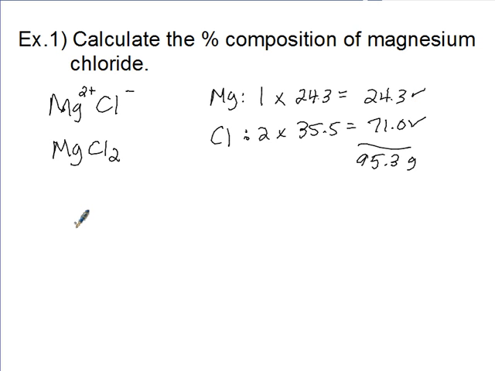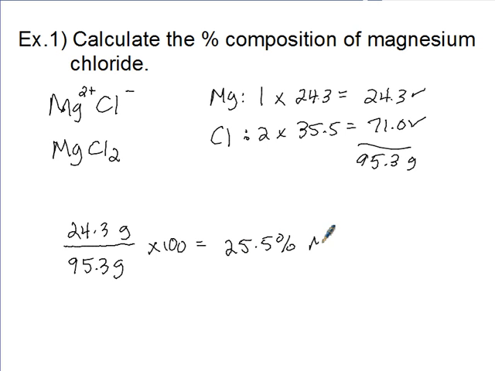Okay, so for magnesium, we take the mass of magnesium, which is 24.3 grams, divided by the total molar mass, which is 95.3 grams, multiply by 100, and you should get 25.5% of this compound is magnesium. All right, and then we can do the same thing for chlorine.